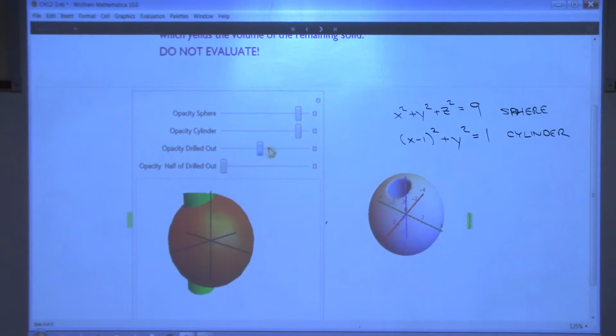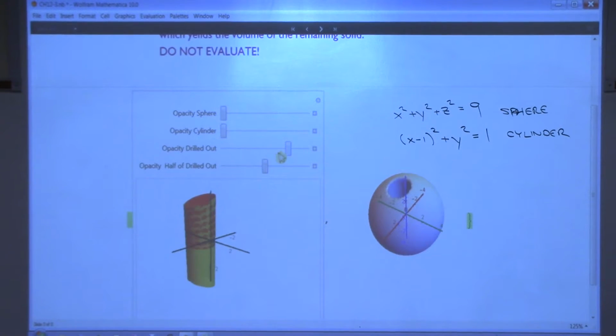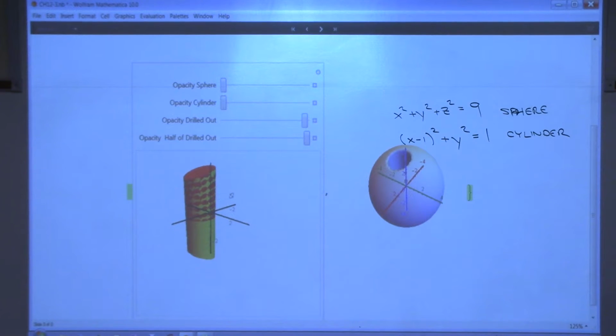Let me see. I thought I had done this where you could see it. Doesn't look like I did. Oh, here we go. That's what I wanted to do. If I take this all out, yeah, it's hard to see that.